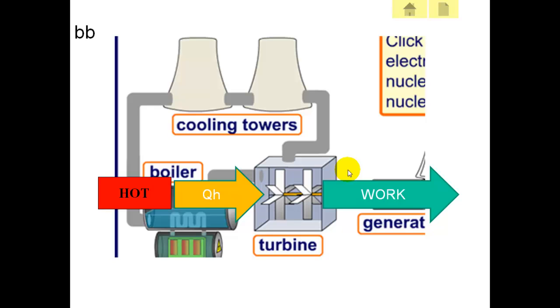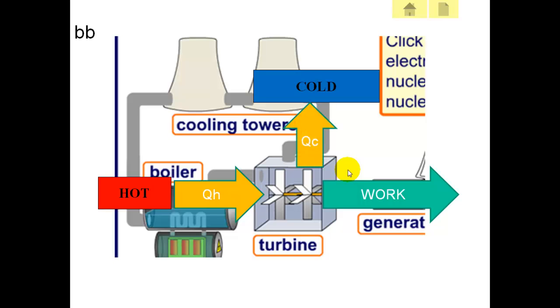But you must throw away some energy. You can't keep on doing it forever. In order for this turbine to continue working, you must throw away some thermal energy. So you must have a cold reservoir, which is basically the cooling towers, and you must throw some energy out to the cold reservoir to make this happen in a continuous cyclical process.